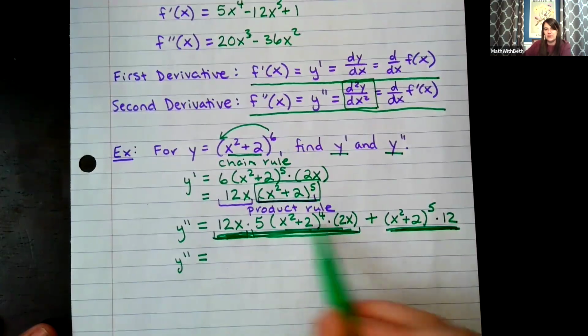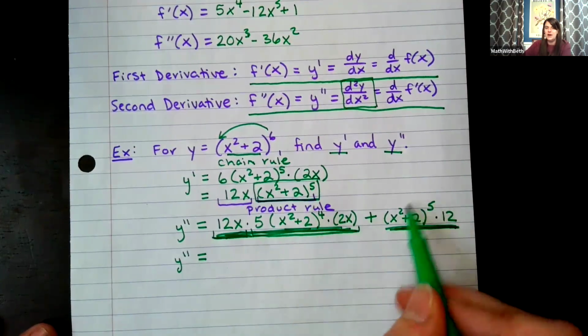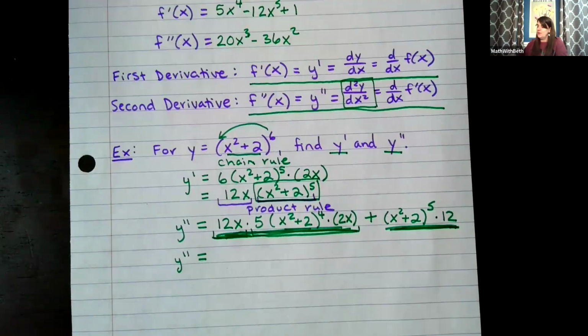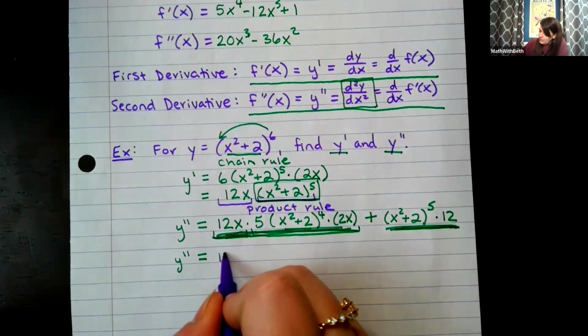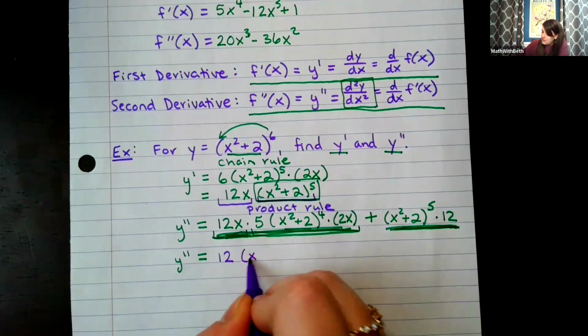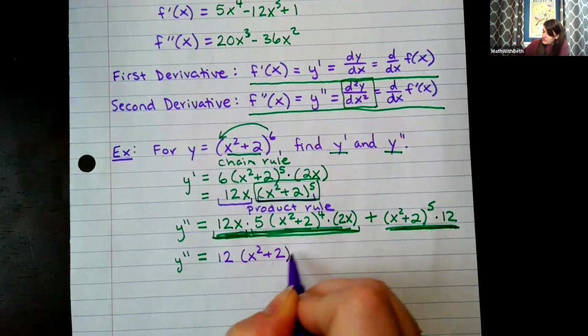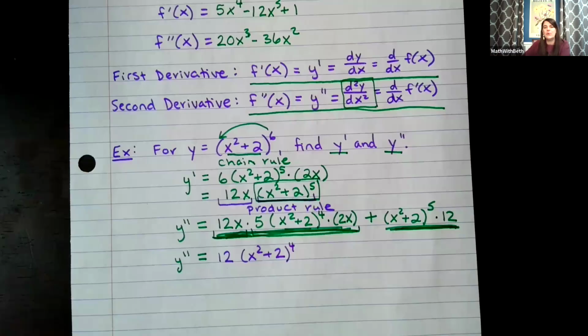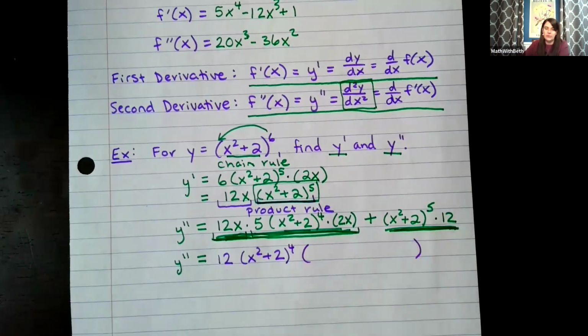In fact, they both have 4 of them, since this one has 4 and this one has 5. So I can factor out the 12 that they both have and the x squared plus 2 to the 4th that they both have and see what that's going to leave me with.